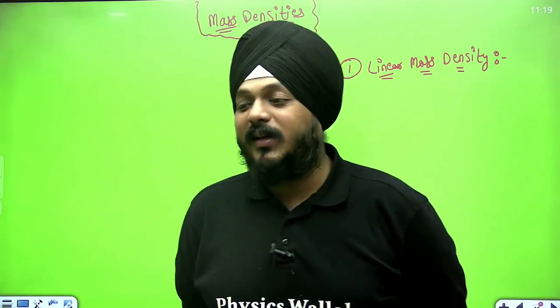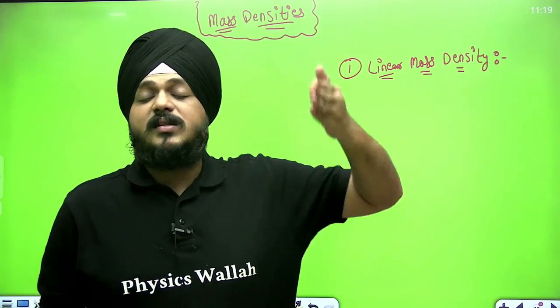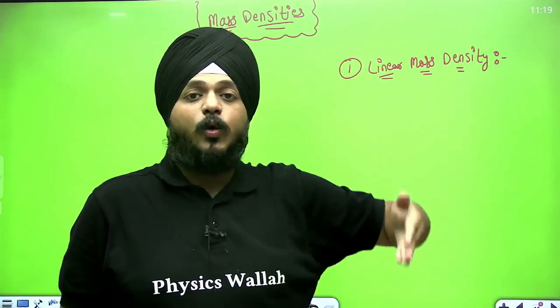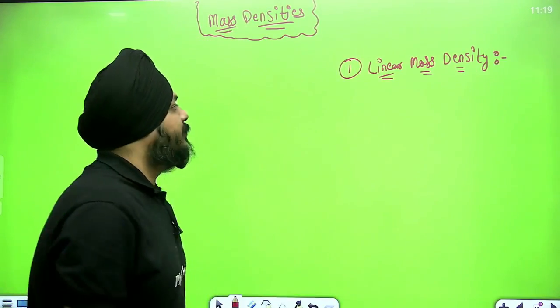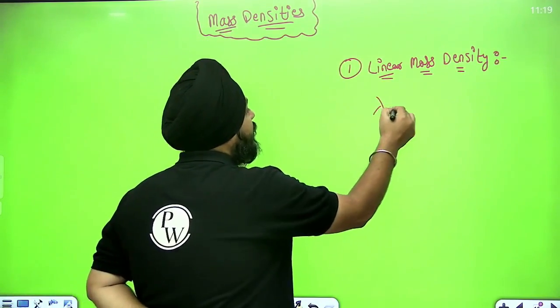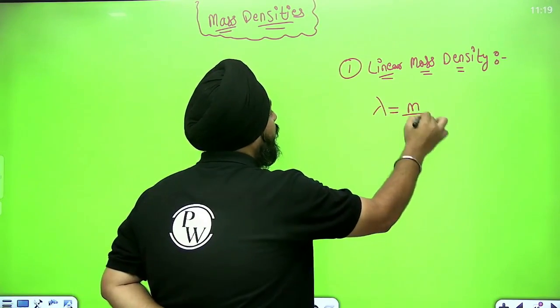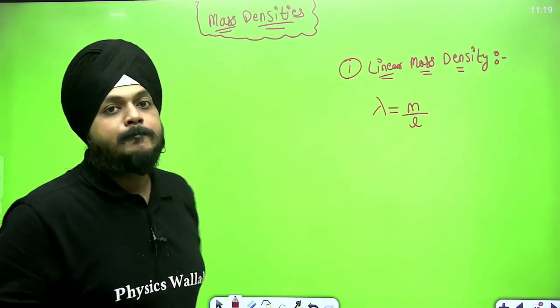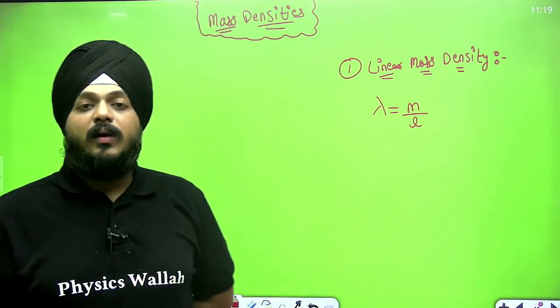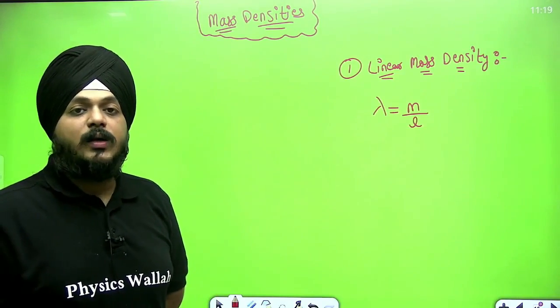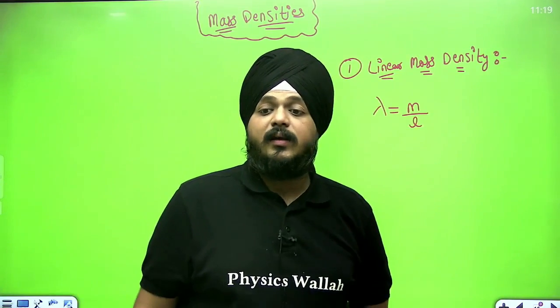This is an example of how mass is distributed over length. Lambda is equal to mass per unit length.